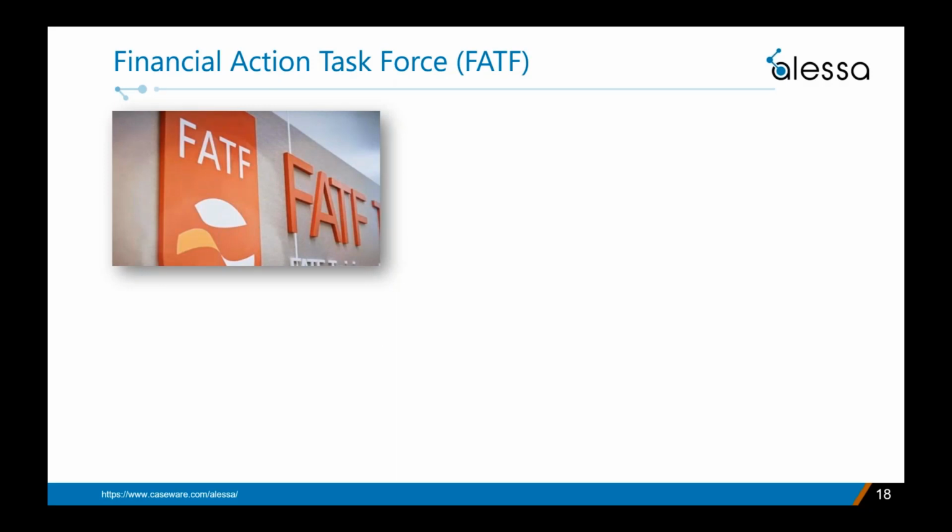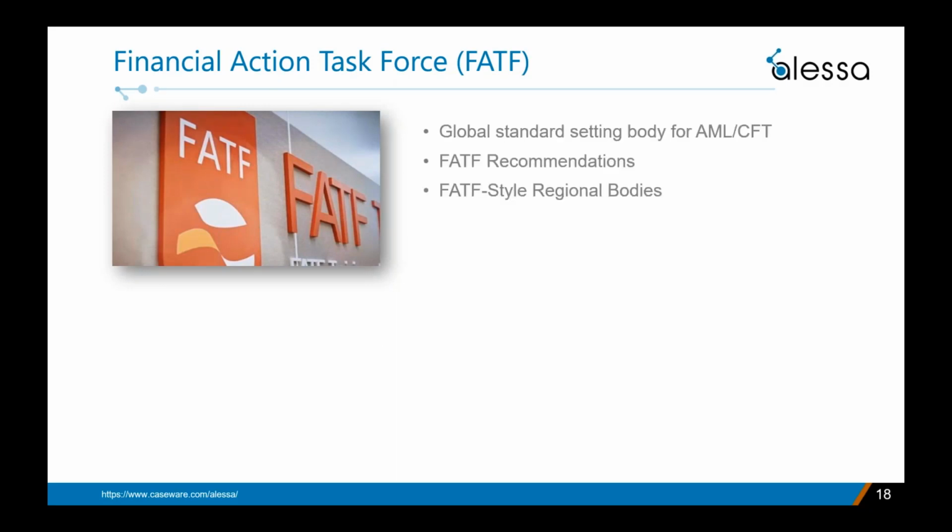First, let's talk some more about FATF. The Financial Action Task Force is the global money laundering and terrorist financing watchdog, if you will. Now, they're not a regulator. Instead, what they do is establish international standards for AML and CTF regulations that their member countries agree to abide by. These standards are called the FATF recommendations.